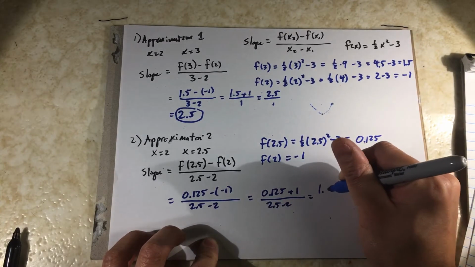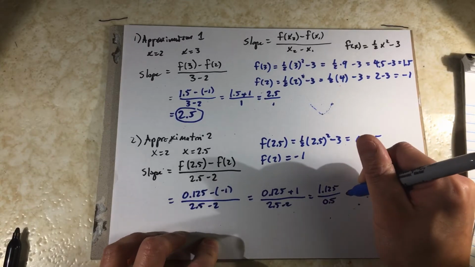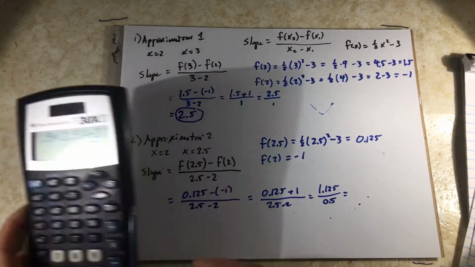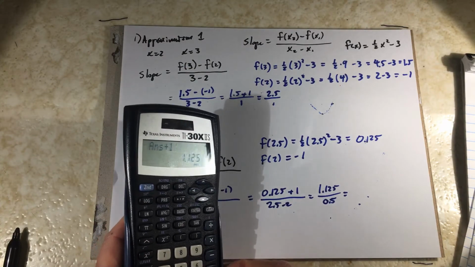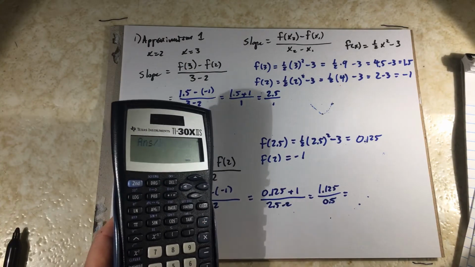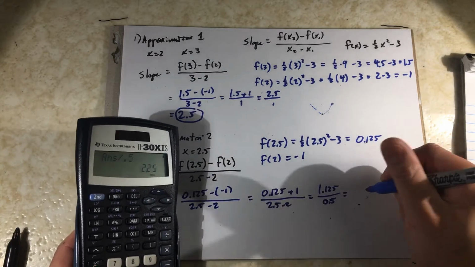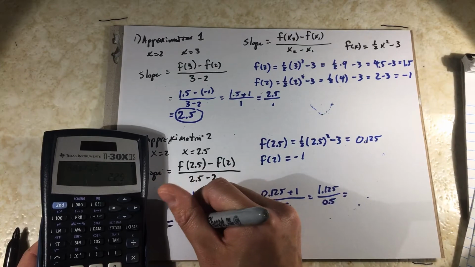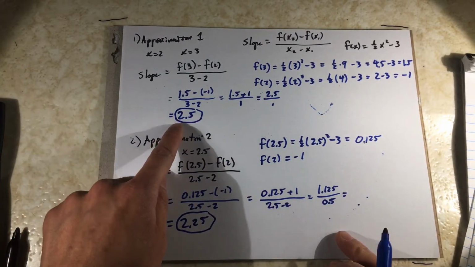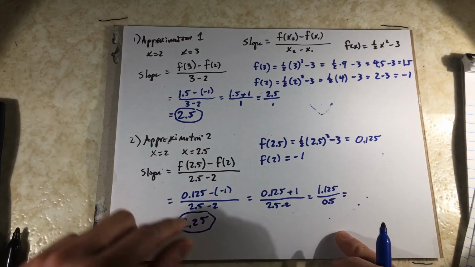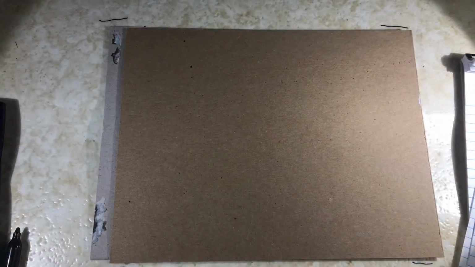And I get 1.125 divided by 0.5. So if I do that calculation, here I'm just going to add 1 to this and then divide by 0.5. And I get 2.25. So you see, for my approximations, it started at 2.5, then it went to 2.25. So we'll continue the trend. Oh, I need more paper.